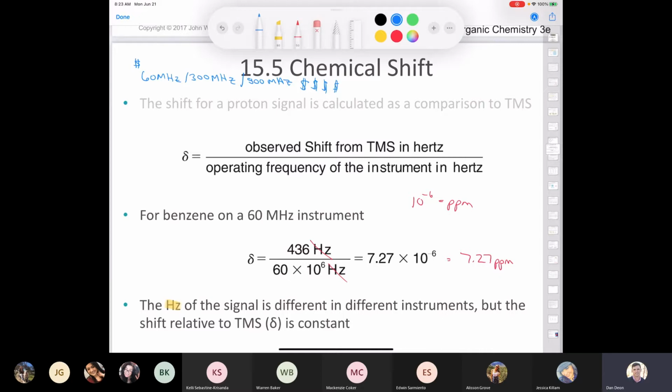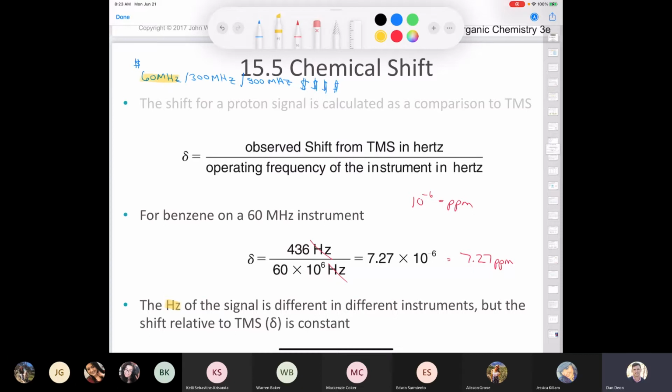The difference is that every part per million, when you get to a higher operating frequency, represents more hertz, or more frequency. And so basically it's resolution, right? The way I likened it is this: if you have a 60 megahertz instrument, it's like looking at a black and white TV that's maybe a 10-inch screen.